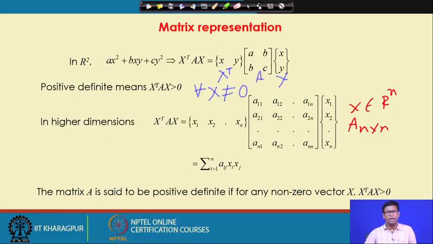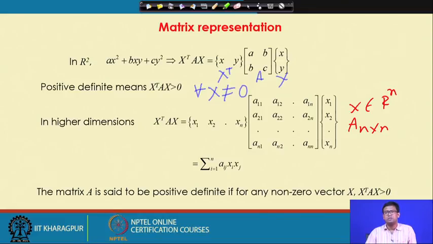So, the idea is similar: we have a matrix A which is pre-multiplied by the transpose of a non-zero vector and post-multiplied by the non-zero vector, and the product is a quadratic function of the different components of the vector x.